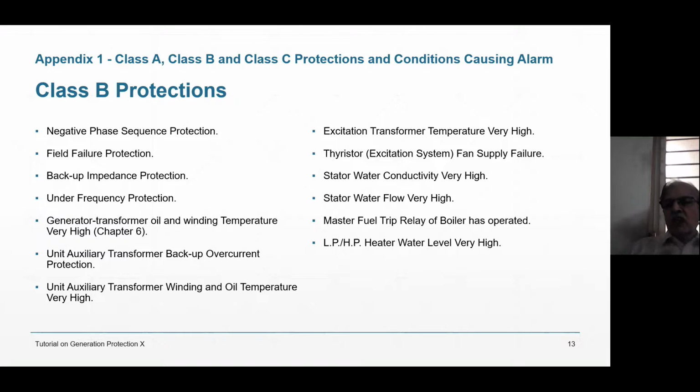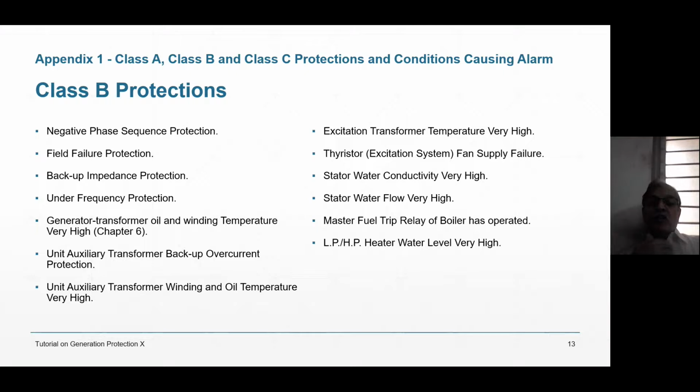So if stator water conductivity is high, class B protection will operate. Stator water flow very high, then it will not be able to take away the heat, because flow is fast. So that should not happen. Wherever you find high and very high, at high the alarm will be sounded, and at very high class B protection will operate.